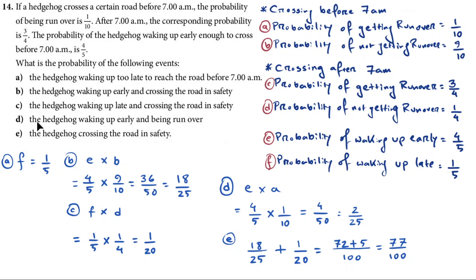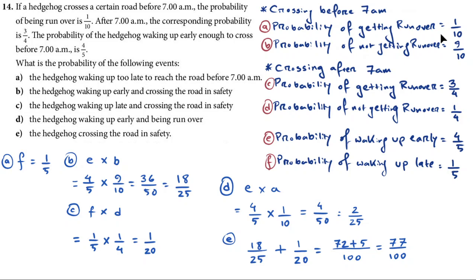Now for part D, it says the hedgehog waking up early and being run over. So waking up early is 4 by 5, and probability of getting run over from this part, crossing before 7 a.m. So from that we need to take this particular information, this one, part A. Probability of getting run over is 1 by 10.